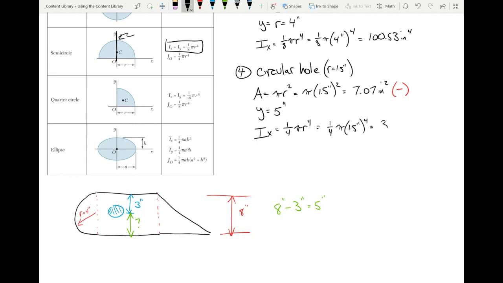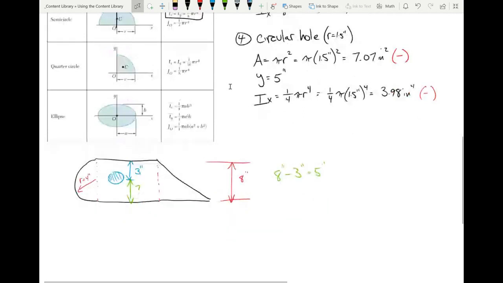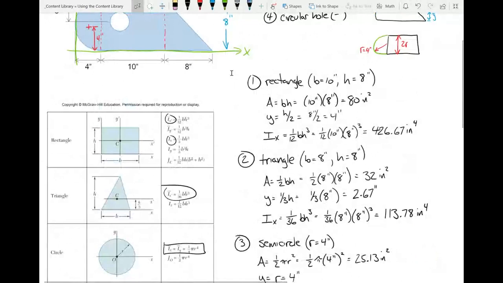That's right. 3.98 inches to the 4th. But this is also negative because it's a hole. The y is not. The y is actually positive because it's still a positive distance from the x-axis. But the moment of inertia and the area are negative. Okay. Everybody good with the individual values before we start checking out the actual process, the moment of inertia? Any questions about any of these?